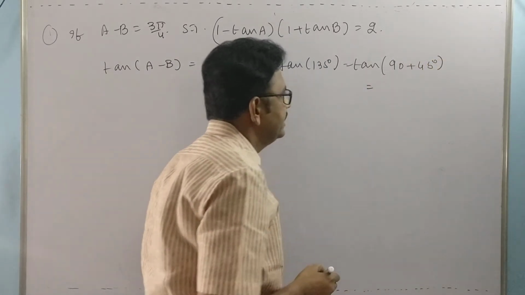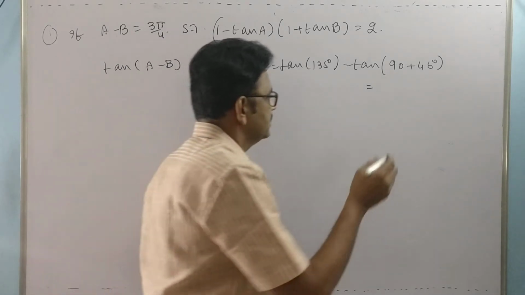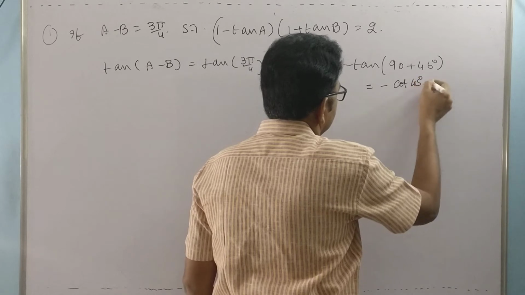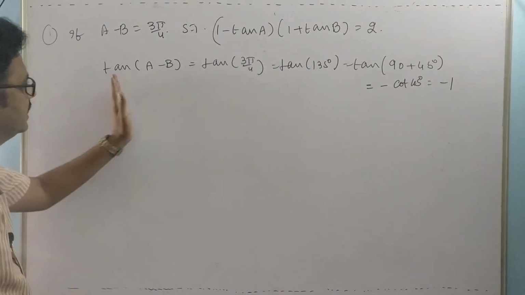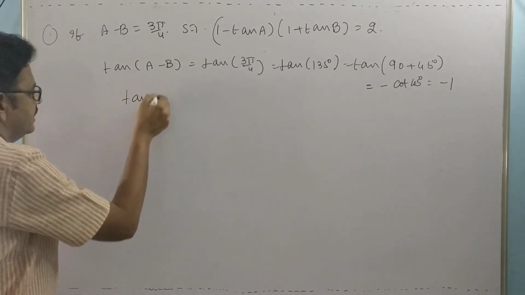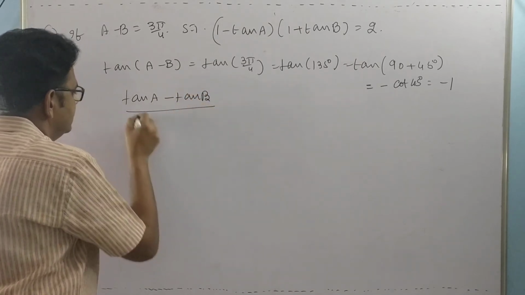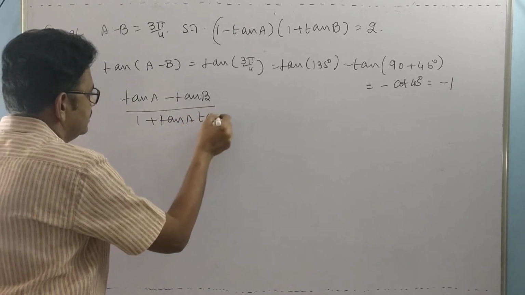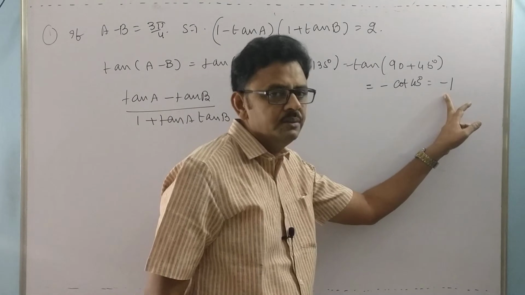So tan of 90 plus theta, second quadrant, tan is positive. Sorry, tan is negative. So this is minus cot 45, that is equal to minus 1. Therefore, tan of a minus b formula: tan a minus tan b by 1 plus tan a into tan b is equal to minus 1.